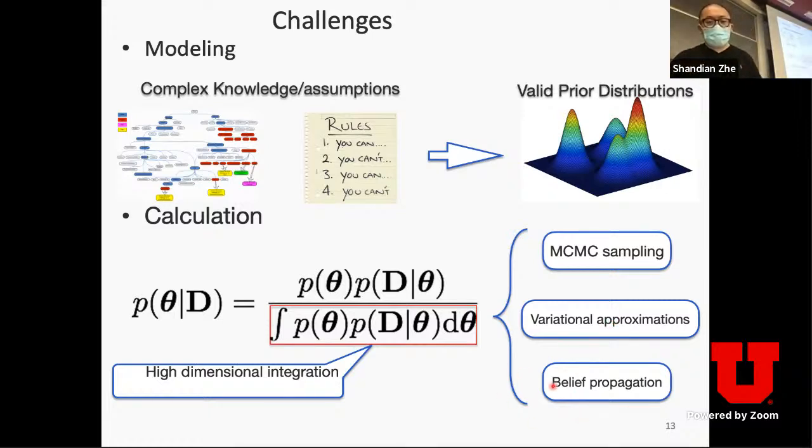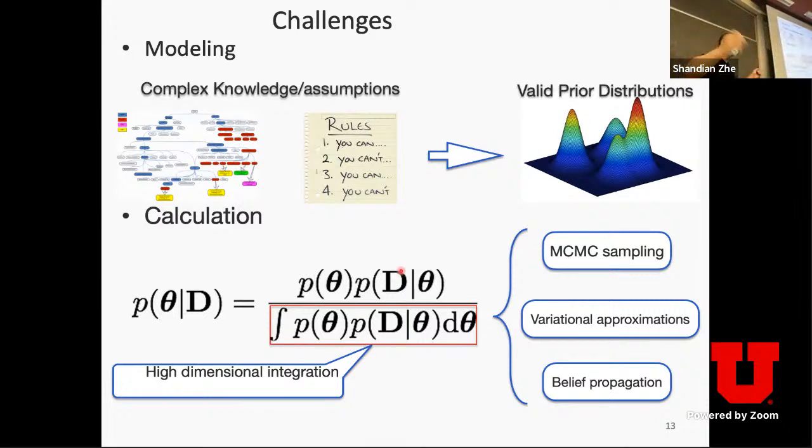A third type of method is called belief propagation or message passing. This is another way to avoid sampling and convert the whole calculation into an optimization problem. But they represent the whole distribution as a graph.